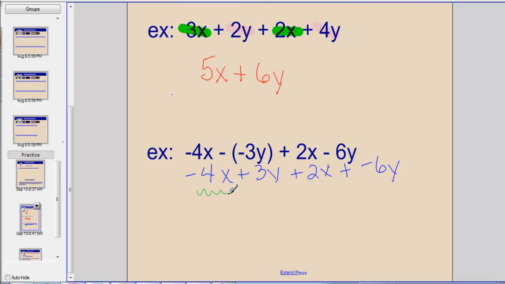So sometimes it's helpful to underline in the same color our like terms. So we have our x's that will be added together, and we have our y's that will be added together. So negative 4 plus 2 equals negative 2. So we have negative 2x's plus 3 plus negative 6 is negative 3. So we have negative 3y.